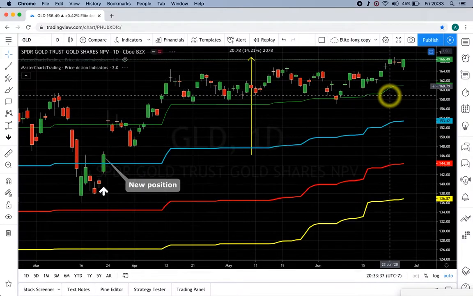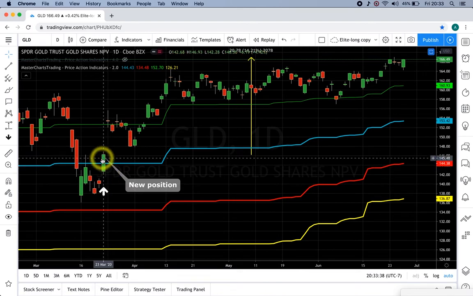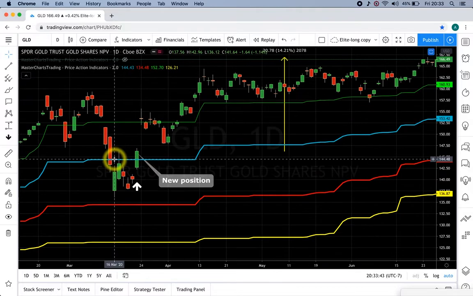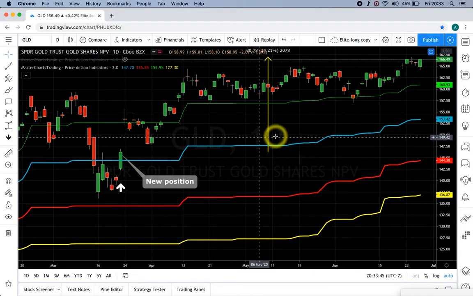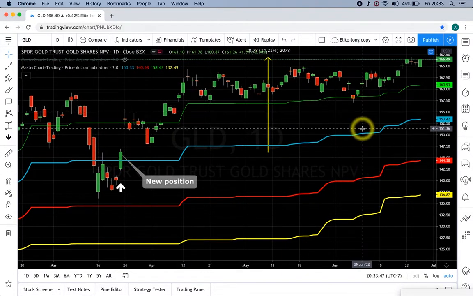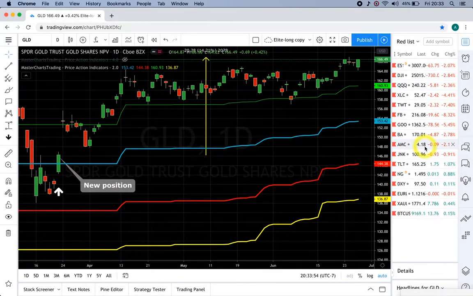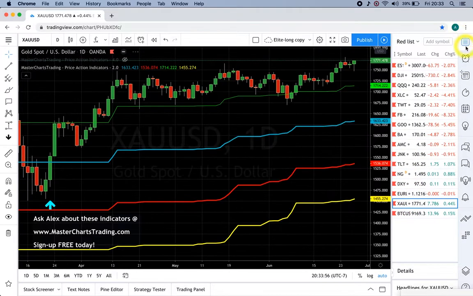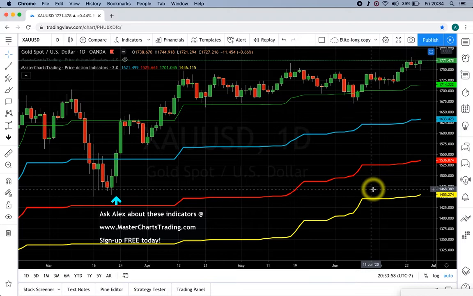I have actually my position as well, GLD. I bought it on the 23rd of March right there. It's up 14%. I really can't complain. I have some gold related as well, some gold miners as well. But overall, gold seems to be heading higher for whatever reason.